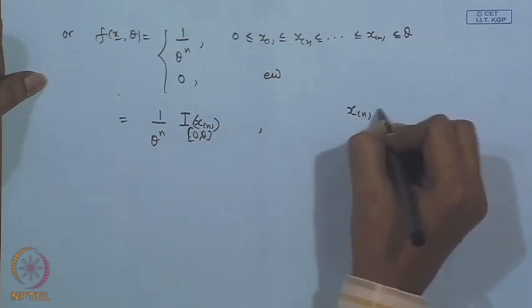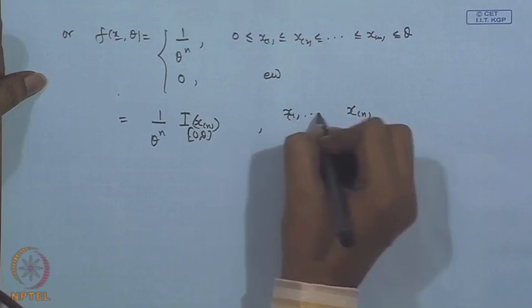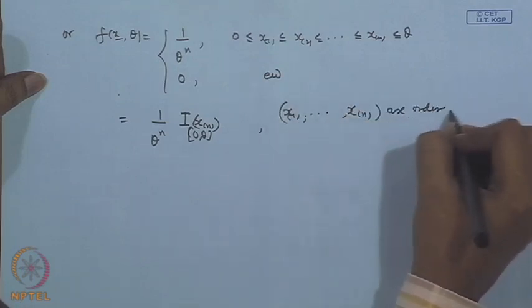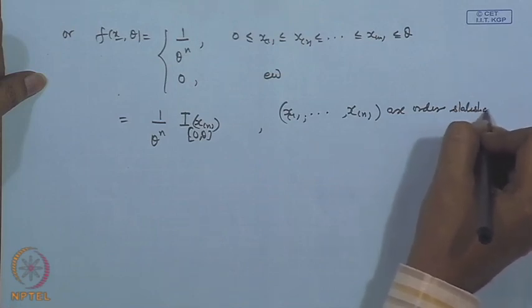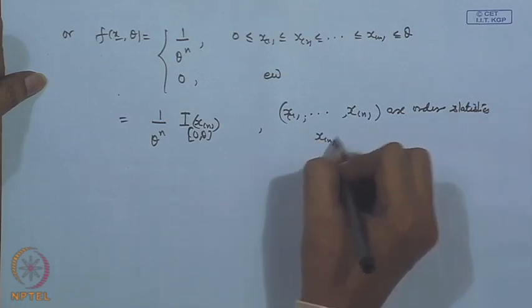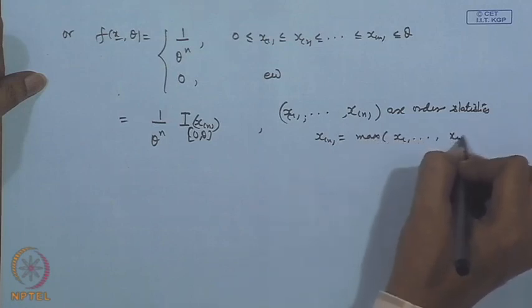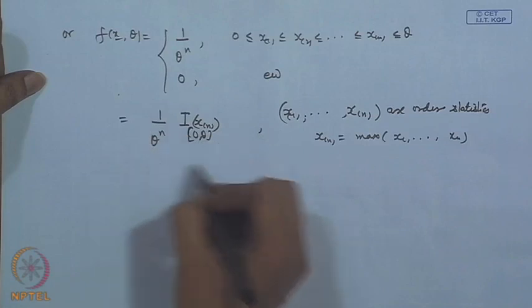X n is the, so this x 1, x 2, x n, these are the order statistics. So, x n is actually the largest. So, we can write it in terms of this.